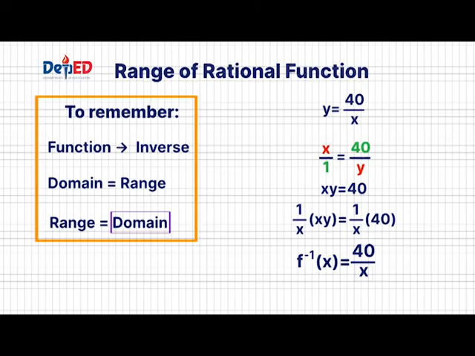We use the same restriction that the denominator should not be equal to 0, since this will give us an undefined value. So the range of the original function is the set of all real numbers except 0. Written as the set containing all y's element of the real numbers such that y is not equal to 0.